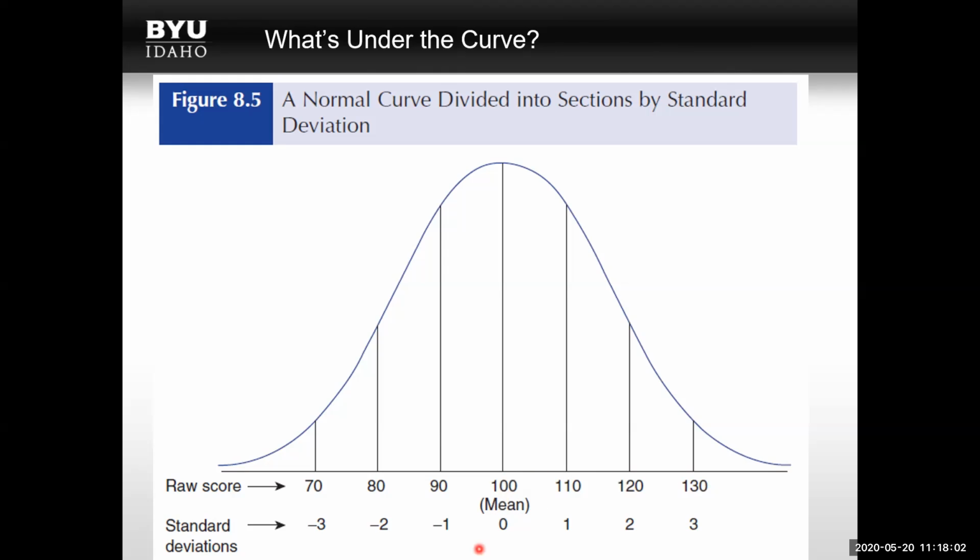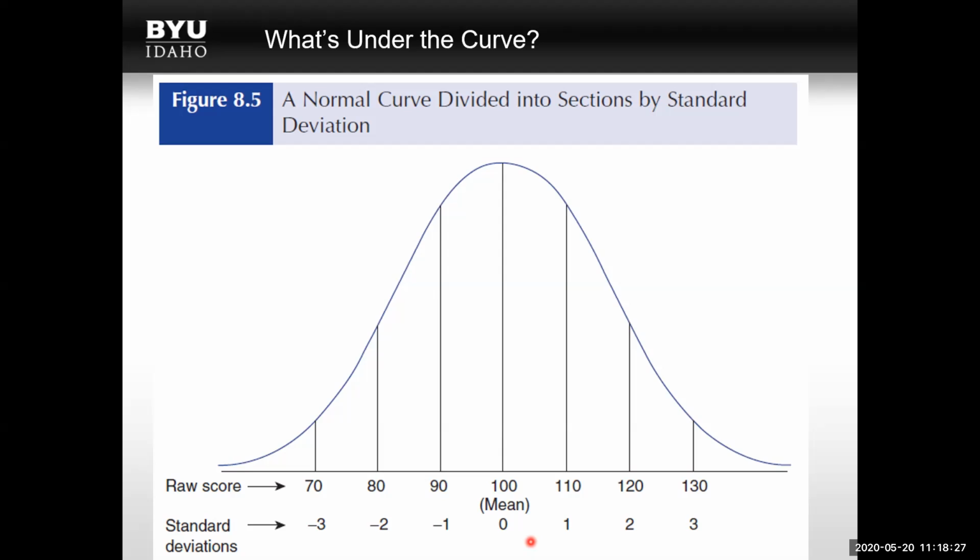You could convert that into standard deviation scores where the mean would be a 0, and 110 would be 1 standard deviation above the mean, and 120 is 2 standard deviations above the mean, and so on. And you could also do the same on the negative side. You could score it into standard deviation scores, and you could look at how a person fits in terms of standard deviations above and below the mean.